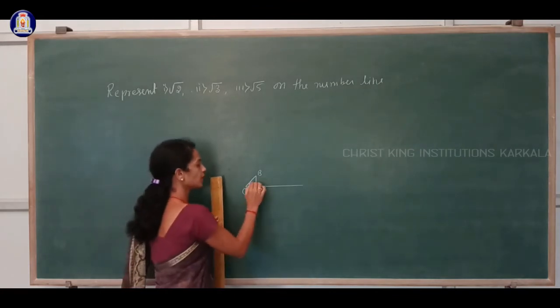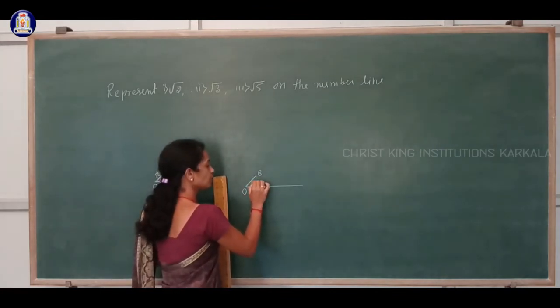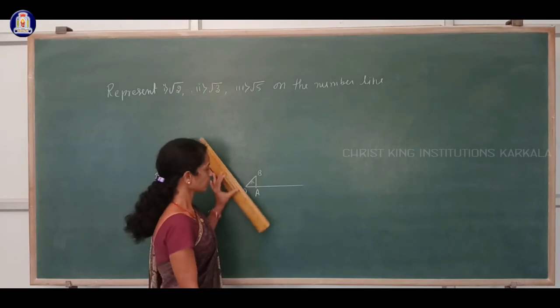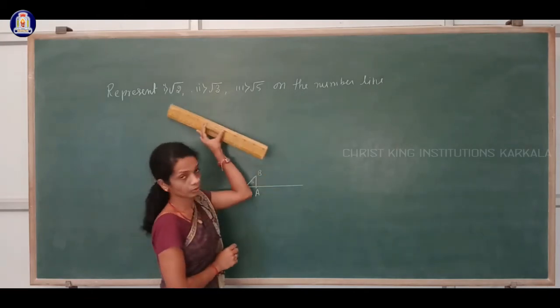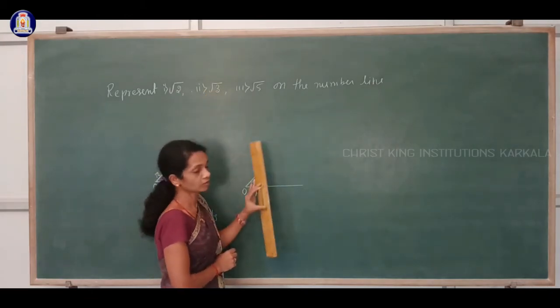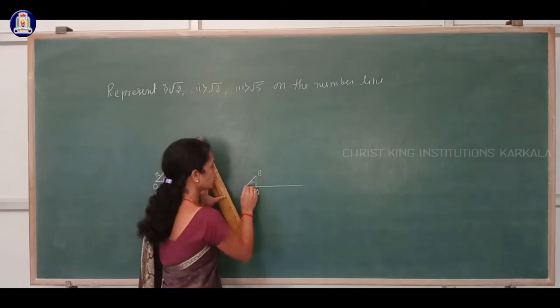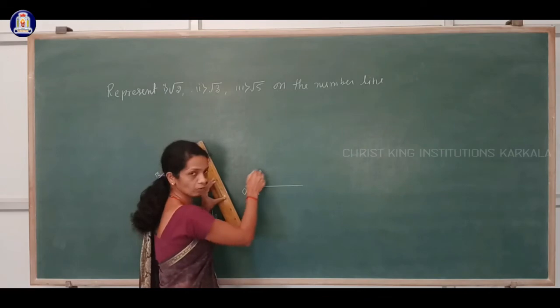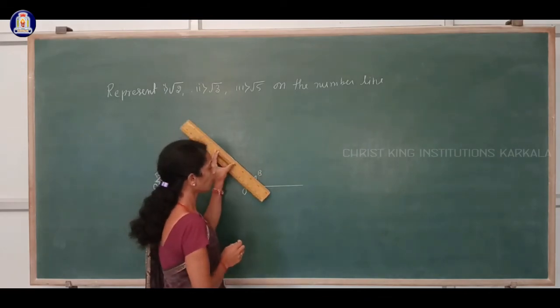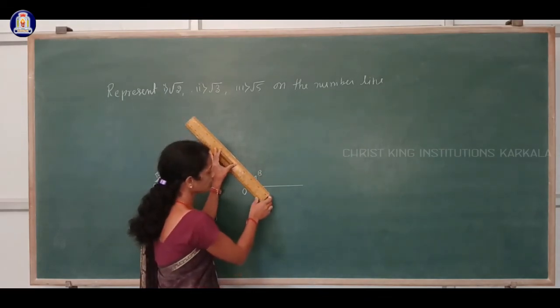Now what is the OB length? You know, that is root 2 units. We are not asked for root 2 now, but root 3. Now this is the representation for root 3. So for the OB line, you have to draw a perpendicular.